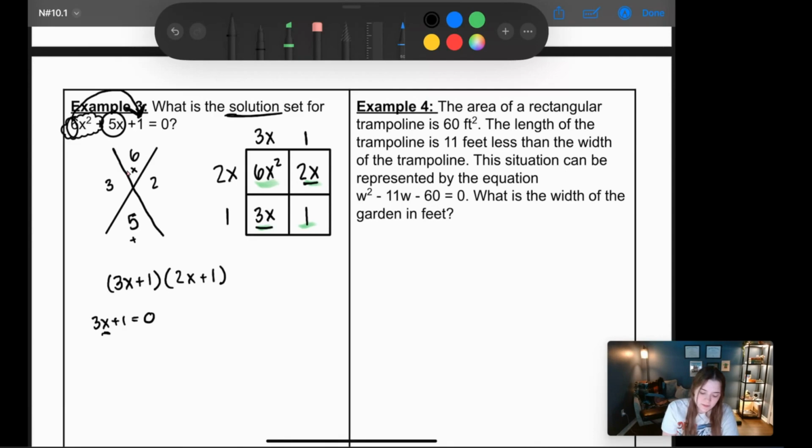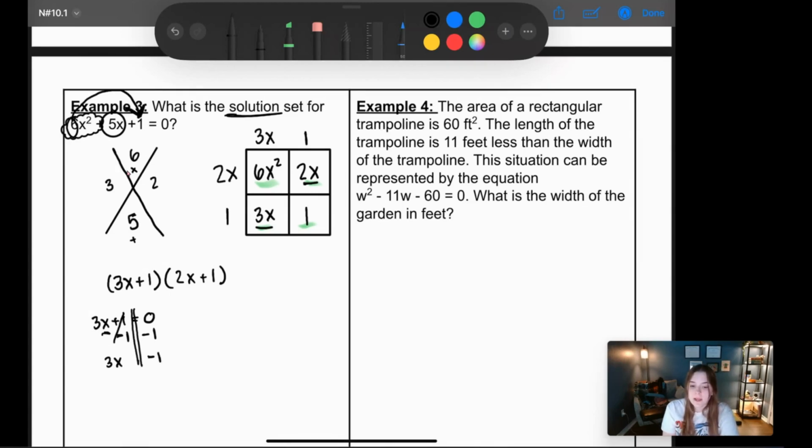Is it going to be easier to get rid of the person they're attached to or the friend off to the side? The friend off to the side, right? So get rid of that first. Minus 1 here, minus 1 here, because I have to do the opposite. So that cancels out, leaving me with 3x is equal to negative 1.